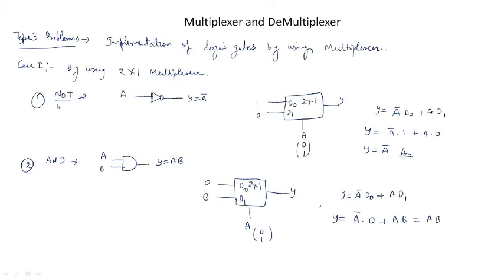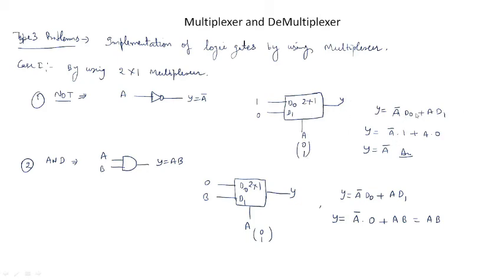Now this is the NOT gate, so when the input for the NOT gate is A, then the output will be A bar. So we will use a 2 by 1 multiplexer to get this output A bar. Here we will use two input lines. There will be one select line, it will be 0 1, and here our inputs will be 1 0. If you find the actual output, it comes out to be A bar D0 plus A D1.